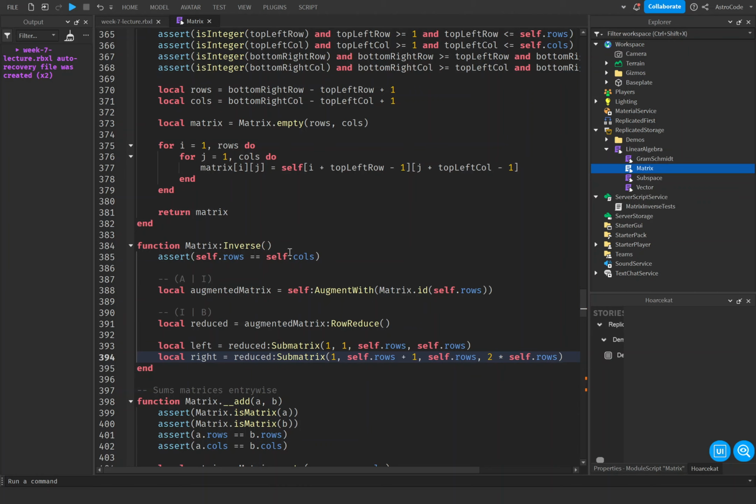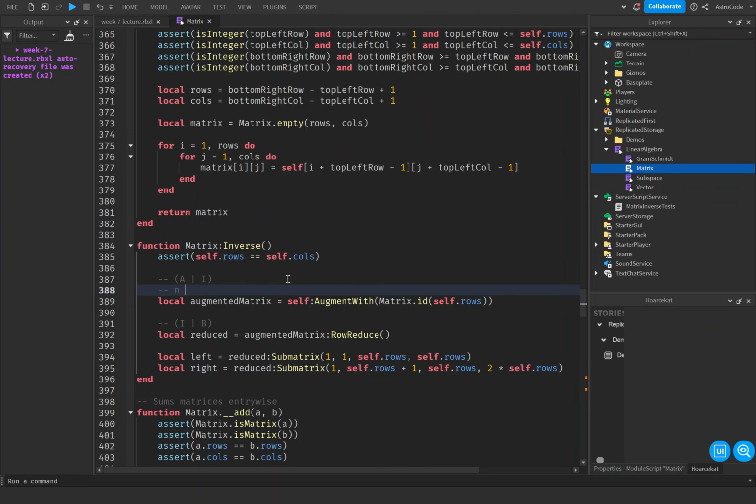Because if our matrix is n by n, then the augmented matrix is n by 2n. So we want the 2n column. All right, so this is the left half and right half of our reduced matrix.